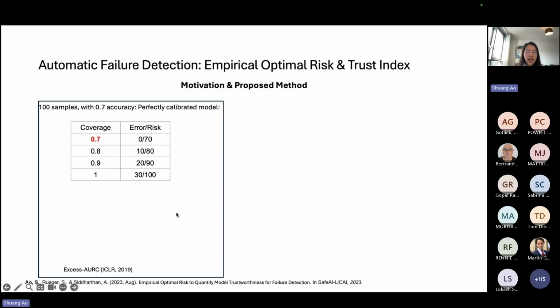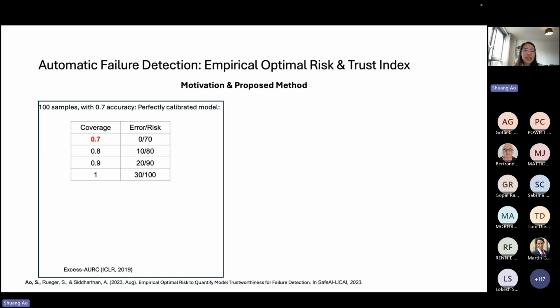So here, I may need to give you a small math question. For example, you have 100 samples and the accuracy rate is 0.7. So 30% of the samples are wrong. In a perfectly calibrated model, if we remove 30% of the data, that 30% will be all the wrong data.